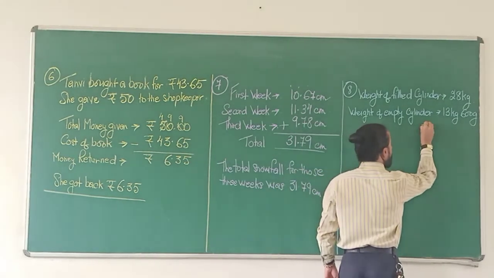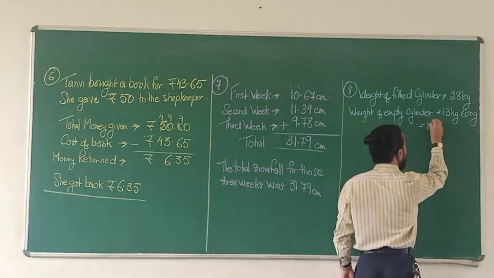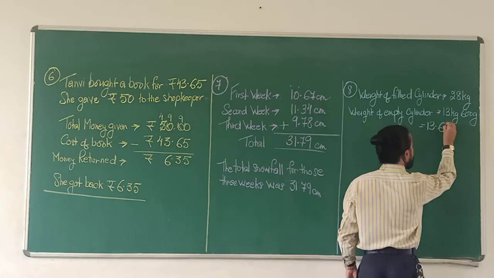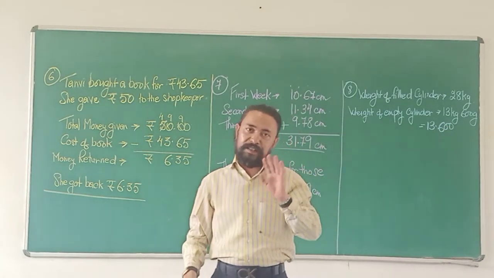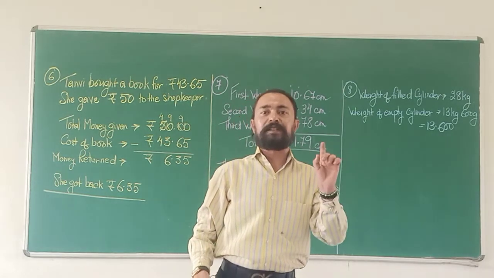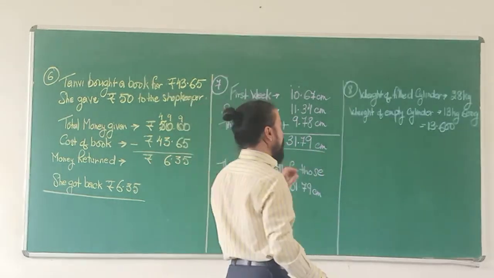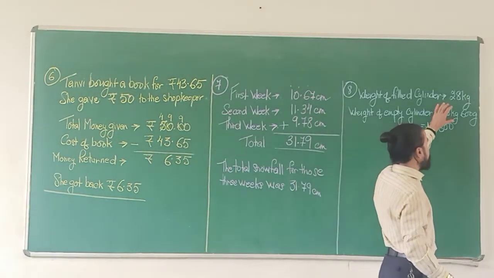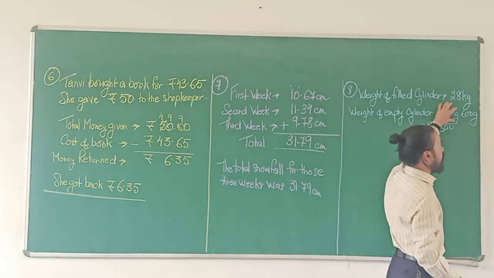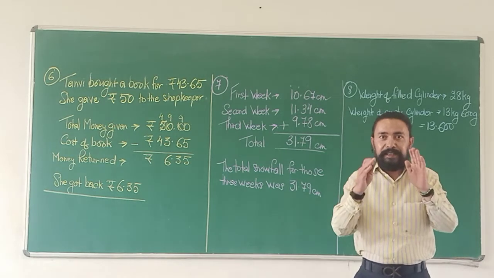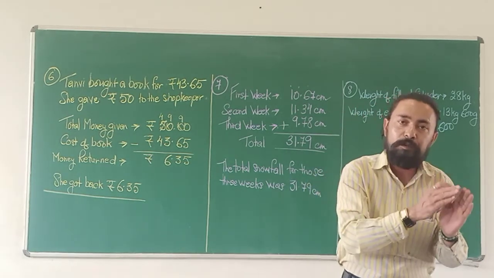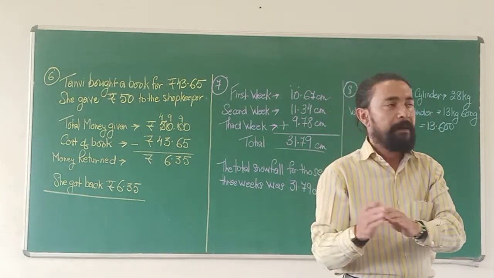Now this can be also expressed as 13.600. Now mind you, you can write 13.6 only. Now how do I identify where the point comes? The point comes after the whole number. Remember, I have taught you that the decimal has two parts, the whole part and the decimal part.